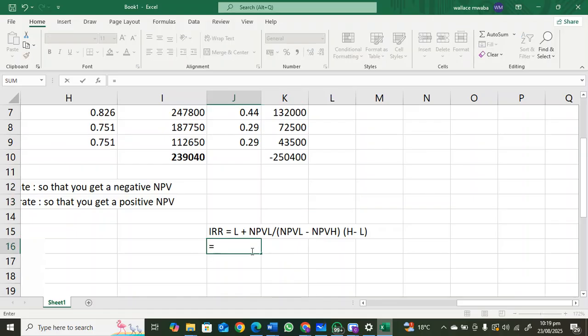In this case, our lower discount rate was 10%.